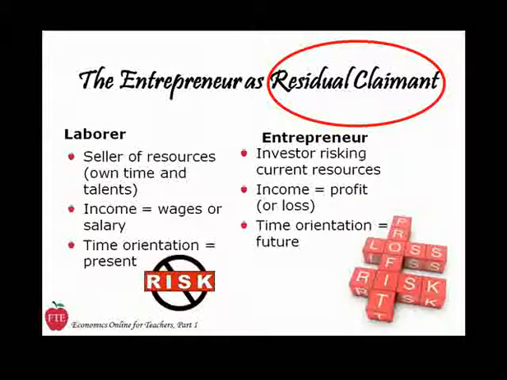The residual is what's left, meaning that the entrepreneur claims what's left when the transactions and exchanges are complete. Great for the entrepreneur if it's profit. Too bad for the entrepreneur if it's a loss. But that was the risk. You start a business and you claim the residual, whatever it is. This sounds harsh, but as we'll see in a minute, the profit and loss dynamic is essential to the overall health of the economy.